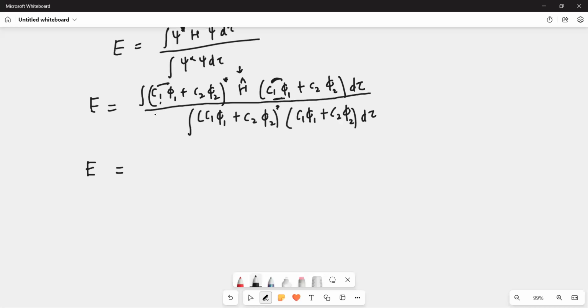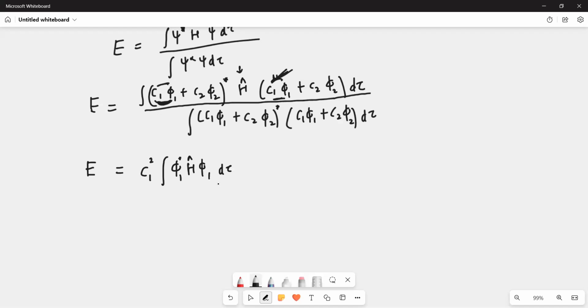So how to write? First we will multiply this term with this one. So it will be C1 phi1 C1 phi1. Because C1 is a constant, we get C1 squared, integration, phi1, but between these wave functions we have some operator, so we have to write the operator here.